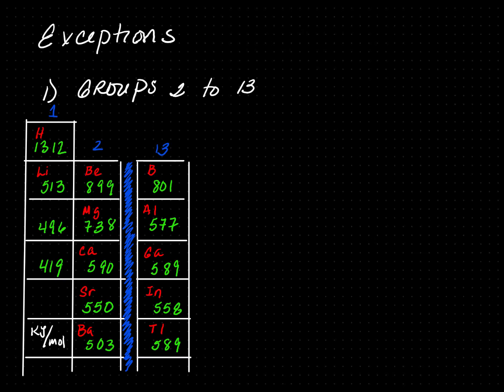The first exception is between groups 2 and 13. In the general trend, as I go from left to right on the periodic table, ionization energy should increase. However, if you look at group 2 and then you move to group 13, there is a slight decrease.